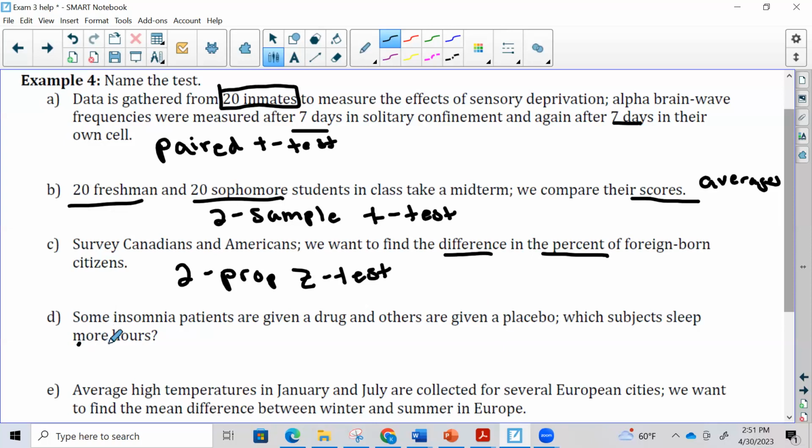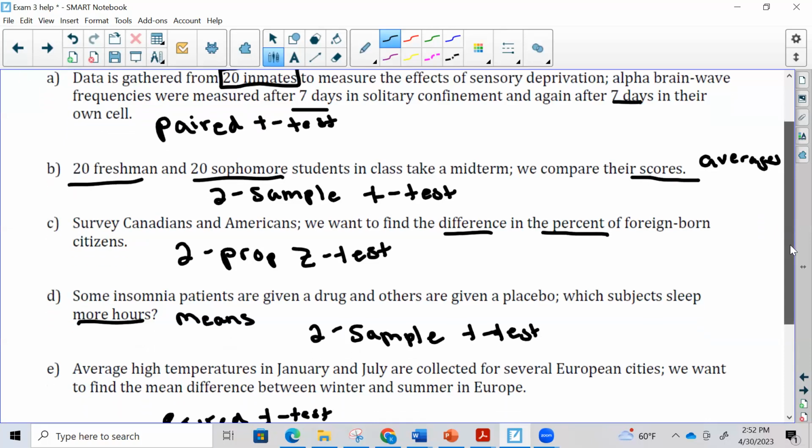When we're talking about sleeping more hours, if you think about how I would compare that, I would be comparing the average number of hours slept between the 2 groups. And so I'd be comparing means. And so this is a 2 sample t-test, because I have 2 groups, they're independent, and I would compare the average sleep they would get.